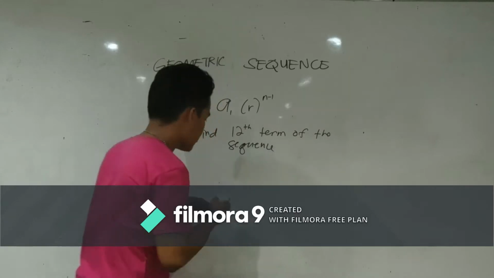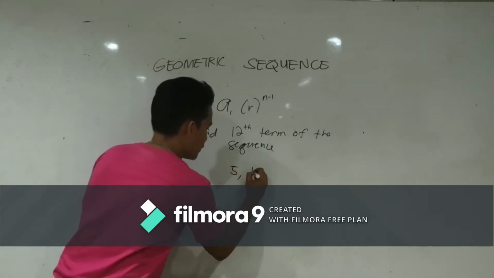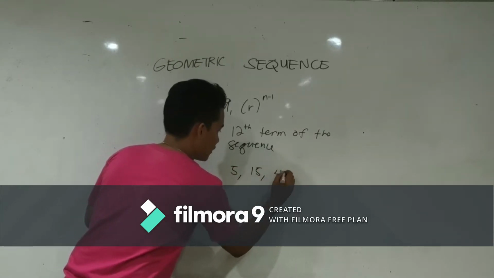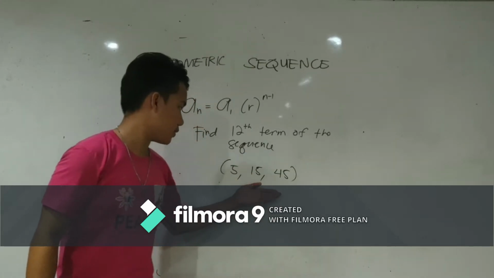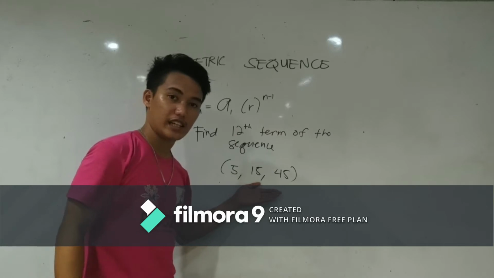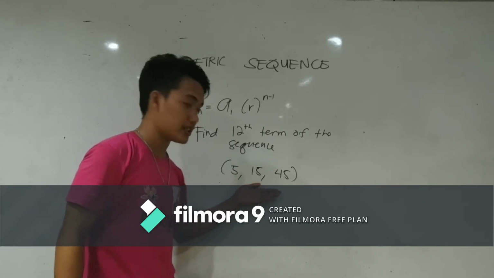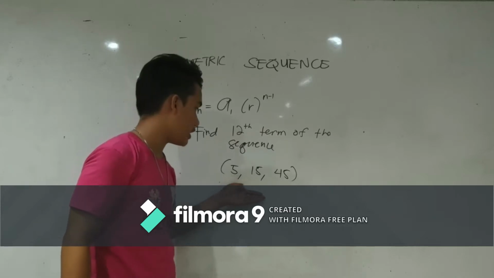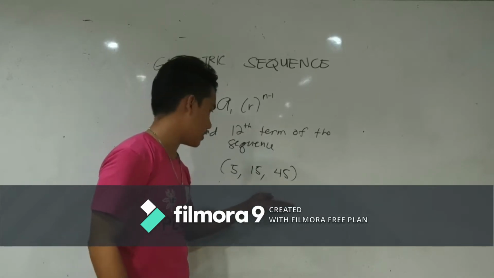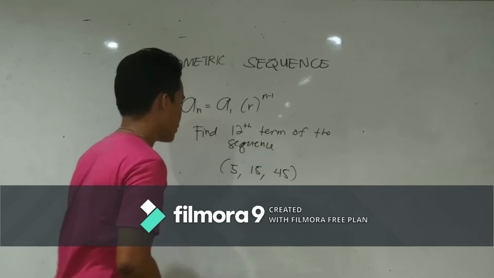For example, we have 5, 15, and 45. Through this, we can verify that it is a geometric sequence, because 15 divided by 5 is 3, and 45 divided by 15 is 3. So the common ratio is 3.